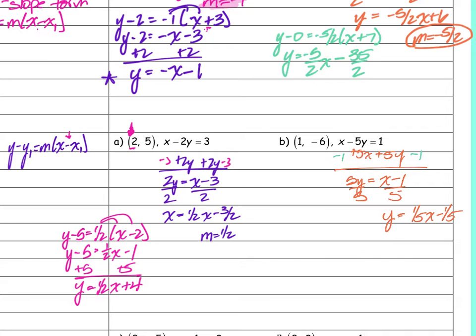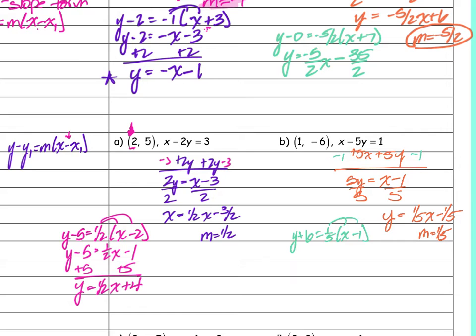Sorry. So my slope equals 1/5. So I'm going to put it into point slope form, which says, let's see, I can do it here. y minus a minus is plus 6 equals 1/5 times x minus 1.